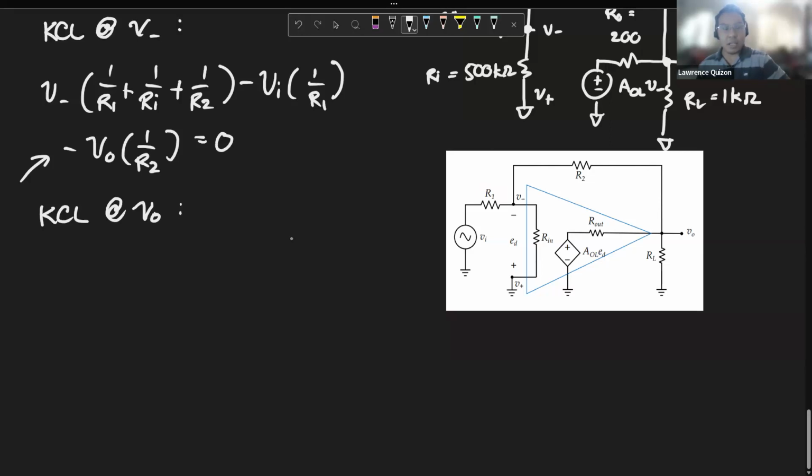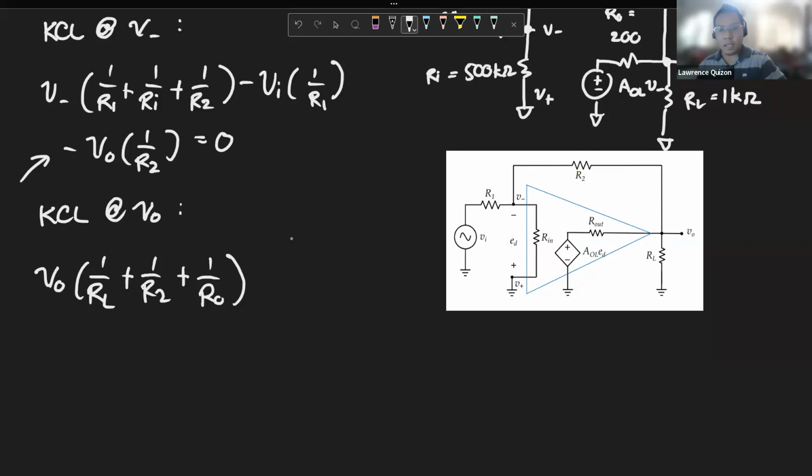So KCL at node V out. Let's sum up the contributions from V out. We have 1 over R L plus 1 over R2 plus 1 over R out.